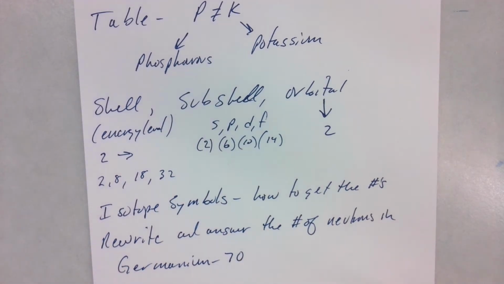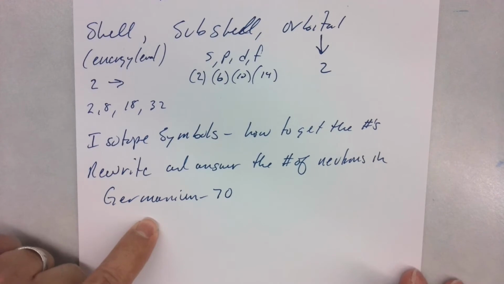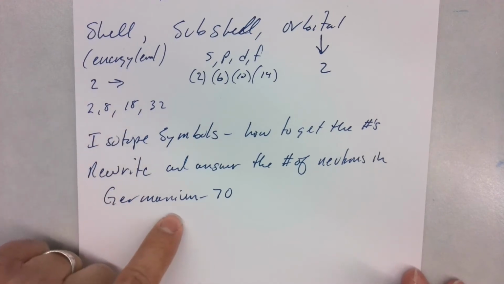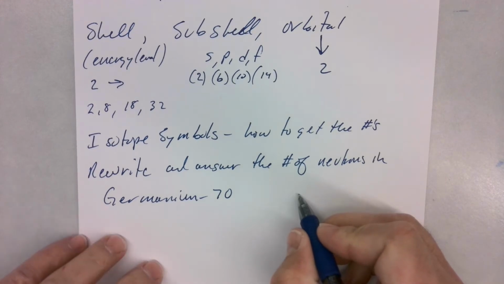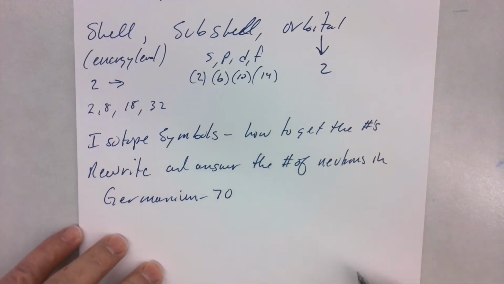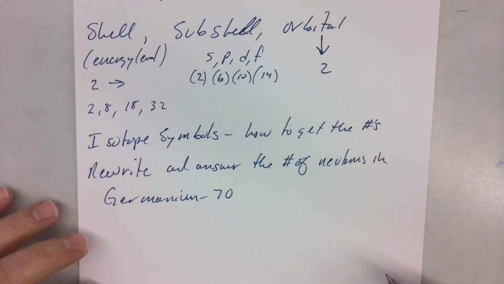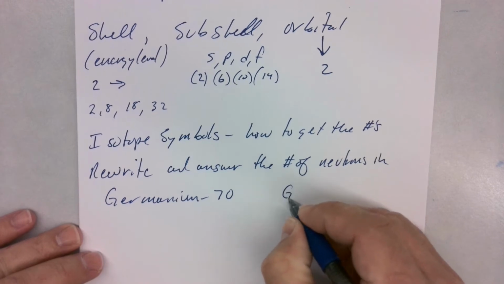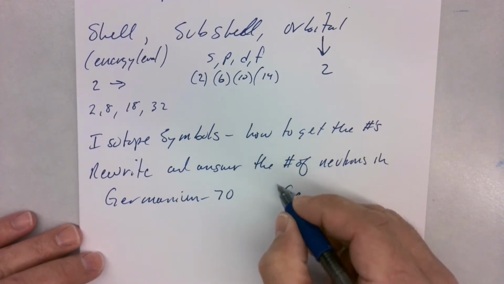70. So how would I rewrite germanium 70 in the other way? Because this is one way they write an isotope. What was the other way? Yeah, so what would germanium 70 look like? First off, I got to know its letters, right? So what are the letters for germanium? So I got GE. What's my superscript going to be? 70.